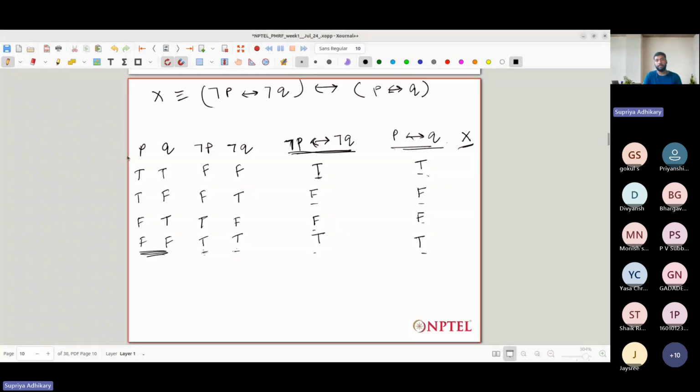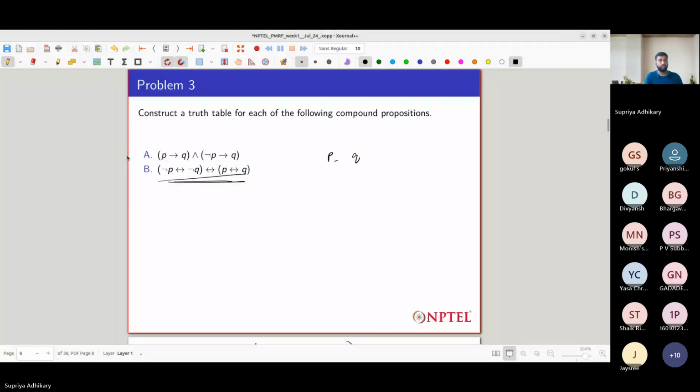Therefore, X should be true, true, true, true. So it doesn't matter what is the truth assignment to P and Q. The X is always true. So what do we call X over here? This is nothing but a tautology.